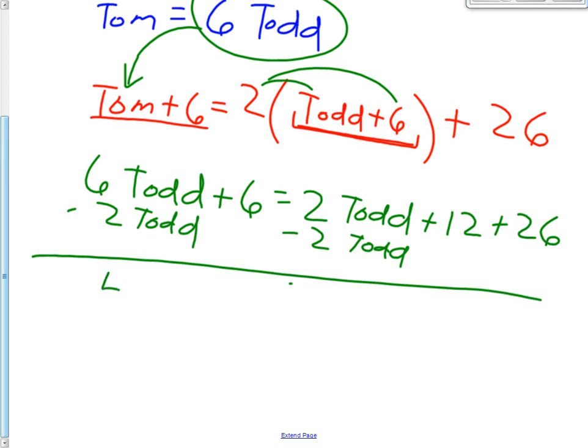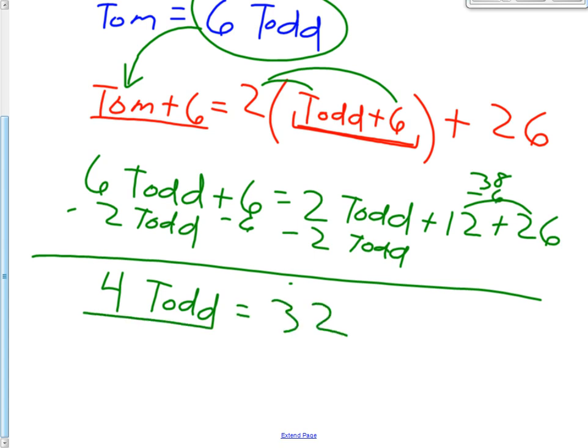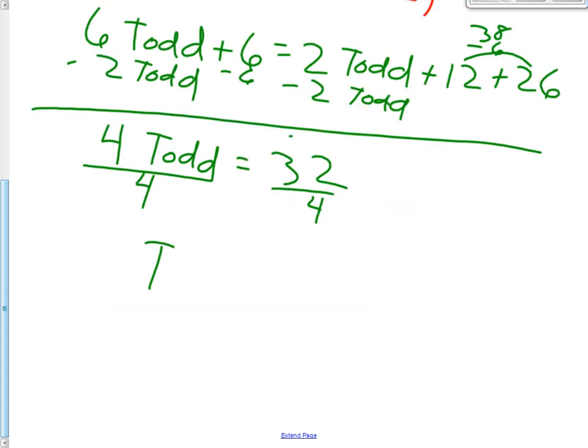And we get 4 Todd over here. This together makes 38. So now if we subtract 6, we get 32. How old is Todd? Divide both sides by 4. Todd is 8 years old.